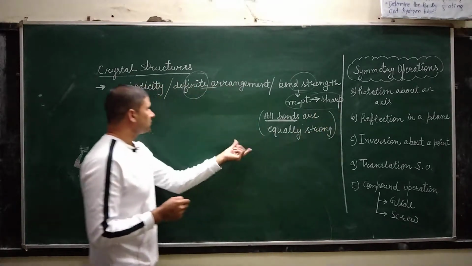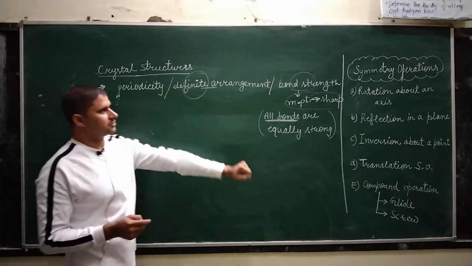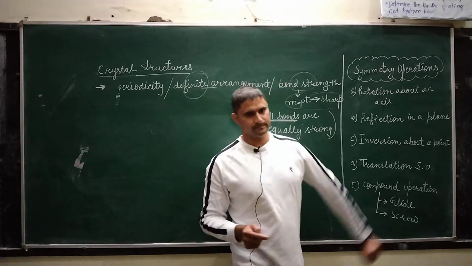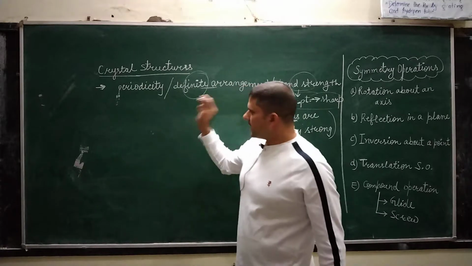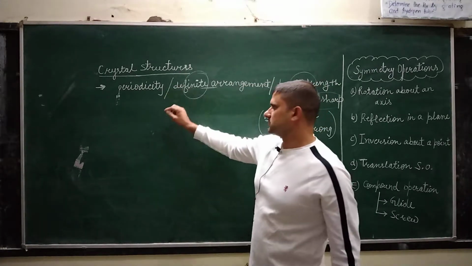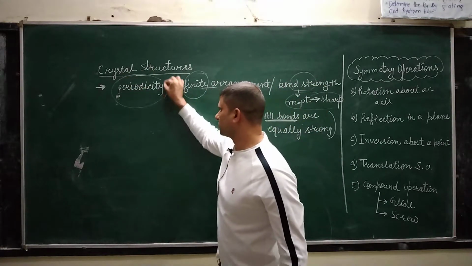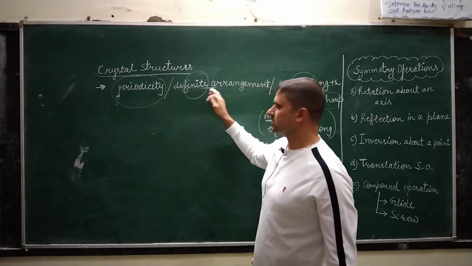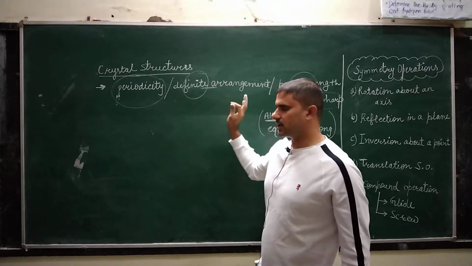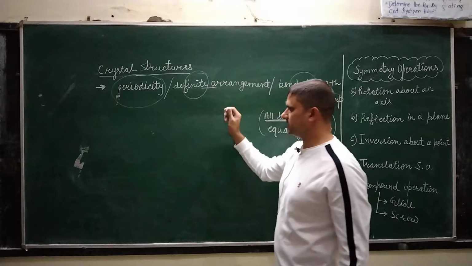Class, so here comes the topic of the day, that is symmetry operation. Everything in crystal structure starts with this basic property, periodicity and definite arrangement. So here also the thing is the same.